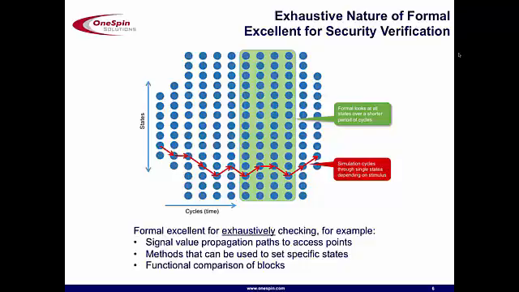The disadvantage of formal in general is that the number of cycles you can test is restricted by the capacity and performance of the tools and the machines they're running on. So it's not a panacea, unfortunately, but for security, a lot of the types of issues that we see will occur in a restricted, bounded set of cycles. Even if it's a few hundred cycles across a large device, that is possible to test with a formal engine.